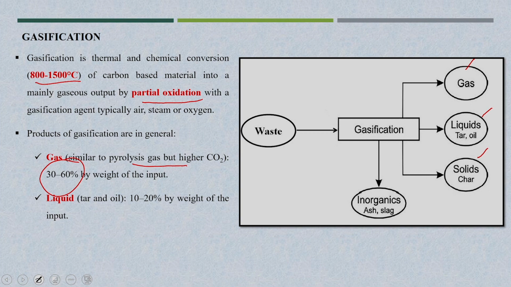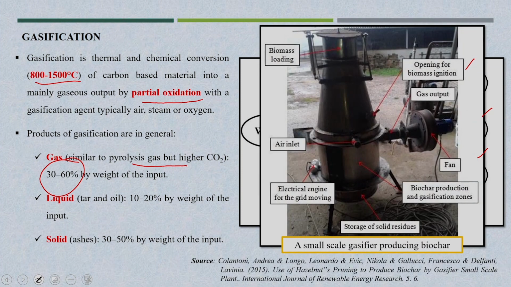And the liquid is also tar and oil, but I think the quality is somewhat better than the pyrolysis process, and the solid is also ash, 20 to 30% of the weight of the plant. So, this is a small scale gasifier, a biochar based gasifier.